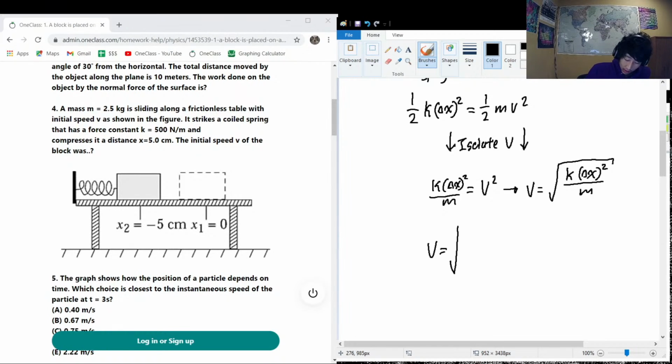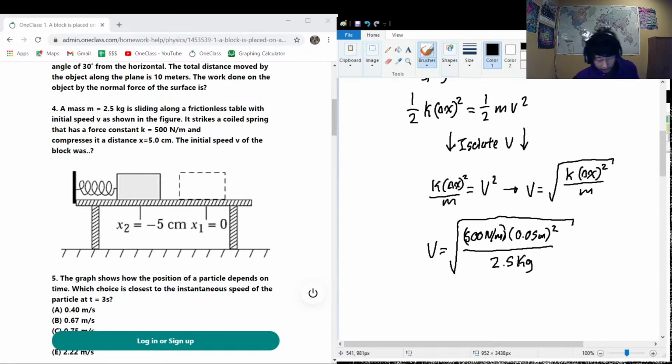So k is equal to 500 newtons per meter. It's a pretty strong spring, gotta say. Compressed by 5 centimeters, so that is 0.05 meters, squared. That's all divided by the mass, which was 2.5 kilograms. Okay, cool. So let's ask our calculator what is the result of this calculation.